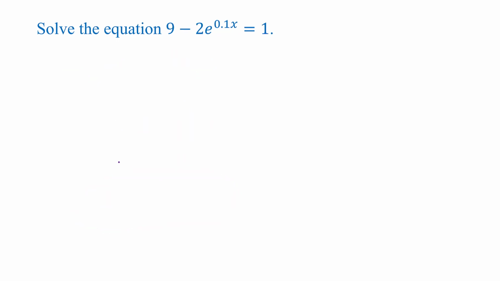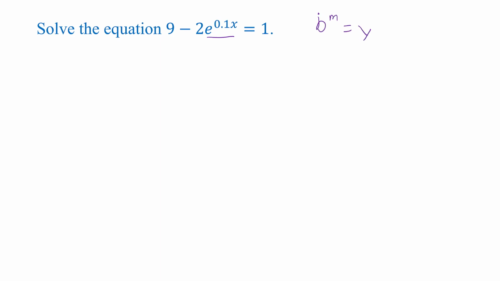Okay, the next equation we're solving is 9 minus 2e raised to the power of 0.1x equals 1. I will begin here, and you can kind of look ahead. I only have one base raised to an exponent here, and so I'm headed for the equation b to the m equals y.